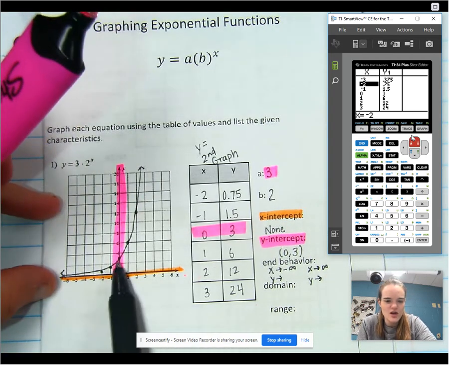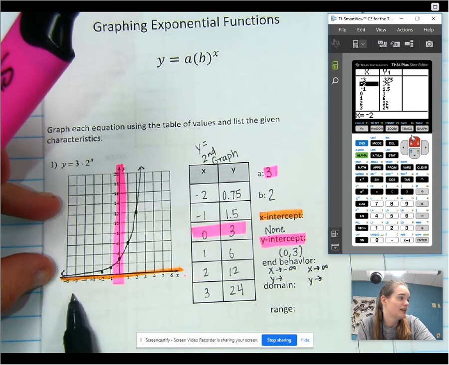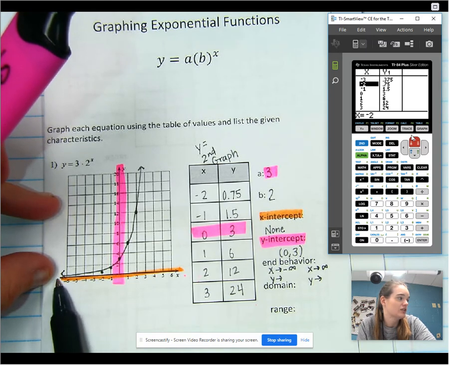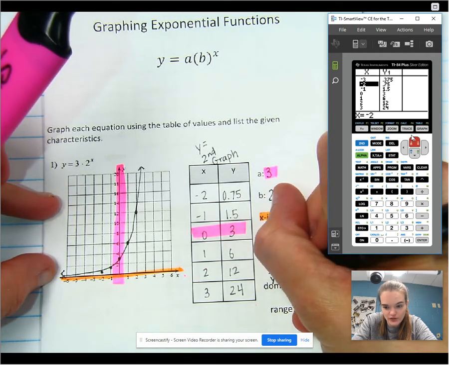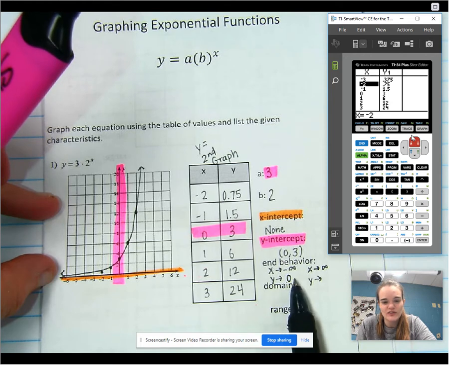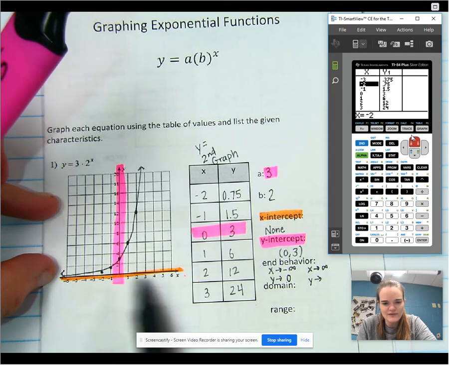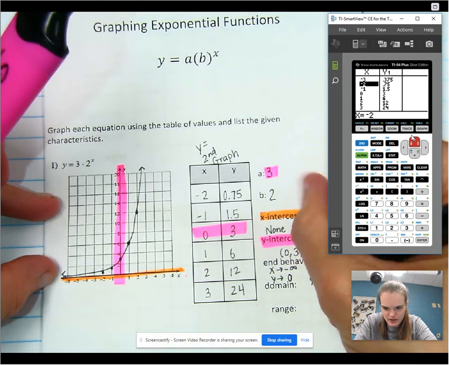When x is going in this direction, y is never going to get down to the negatives. It's going to get as close as possible to the number 0. You will always have a 0 in an exponential function end behavior. It will depend which one. You'll see that in a minute. The y values are going up, so they are infinity.